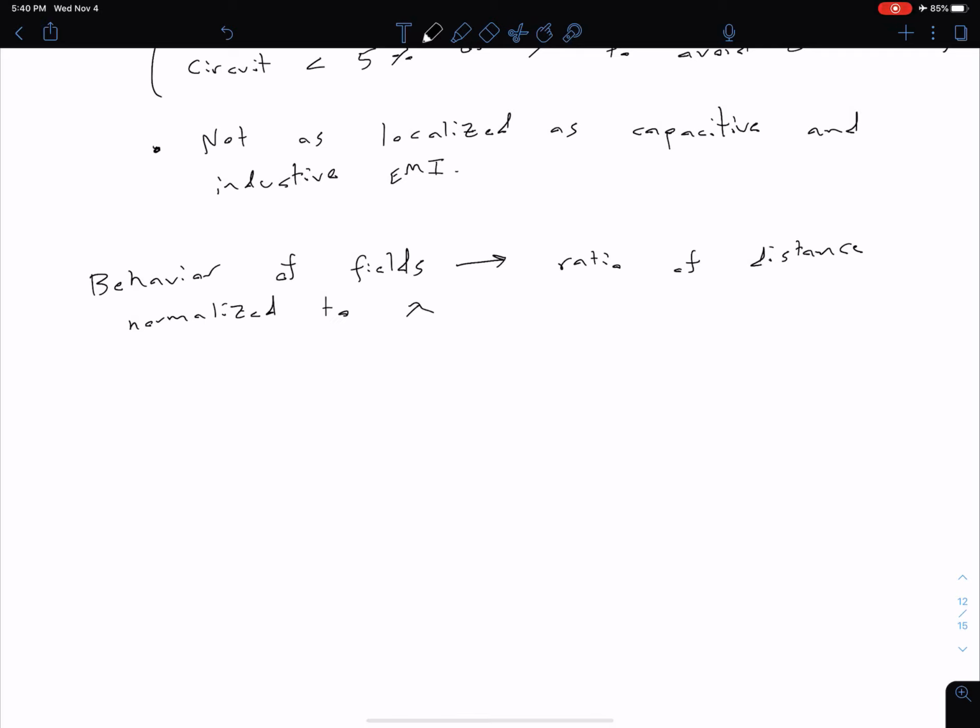And so what that's going to do is allow us to compare over different wavelengths, or different frequencies, in other words. And so that ratio is going to be 2 pi r divided by wavelength lambda, where r is just going to be the distance from the source.